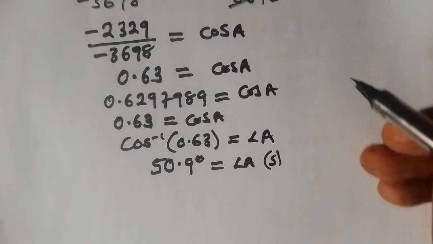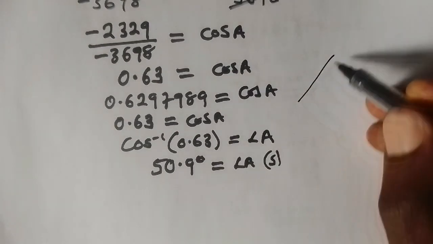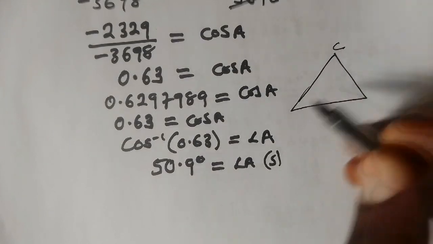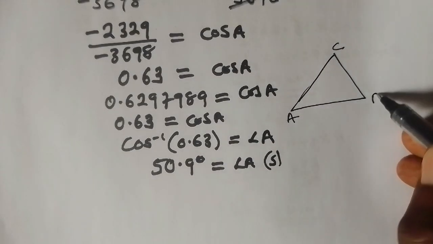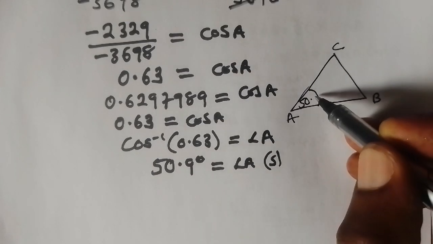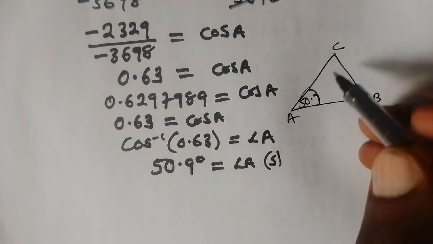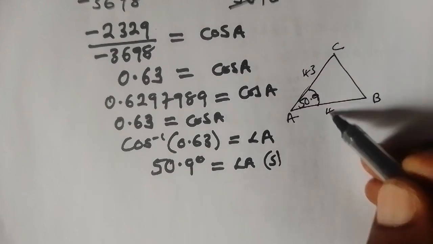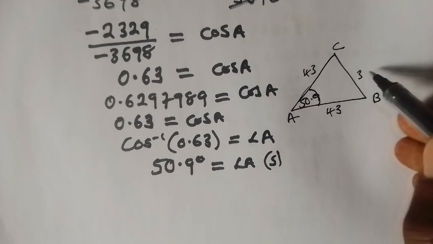Just to help us understand what you're looking at, this is C, this is A, this is B. This part we have found to be 50.9, and this is 43 kilometers, 43. This is 37.